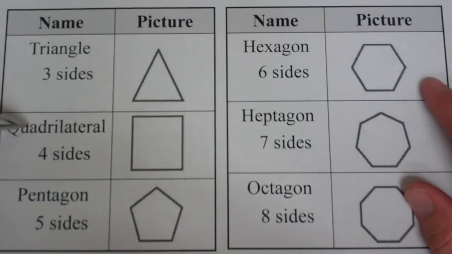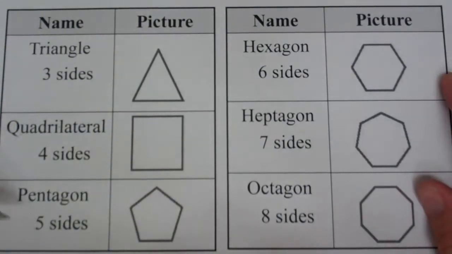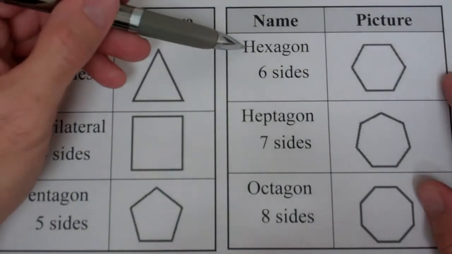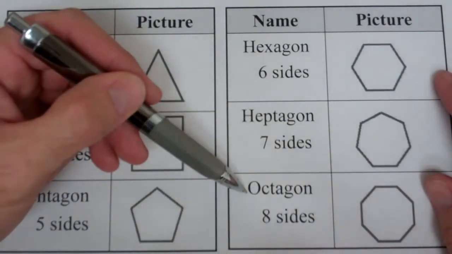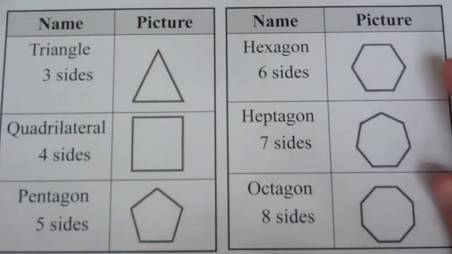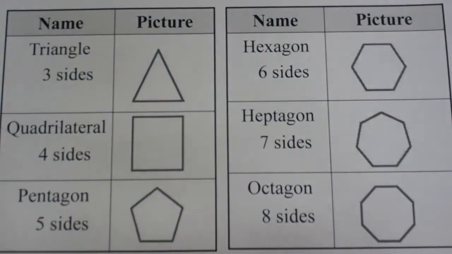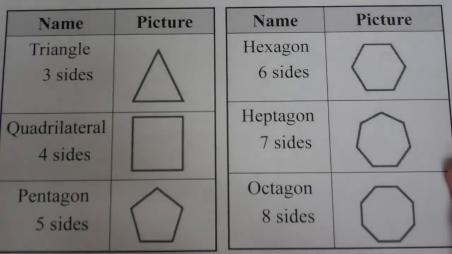So this is literally a 4-sided figure. Penta means 5. It's your 5-sided figure. Hexagon, hex means 6. Heptagon, hep means 7. Octagon, octo means 8. And so literally the prefixes tell you how many sides there are.